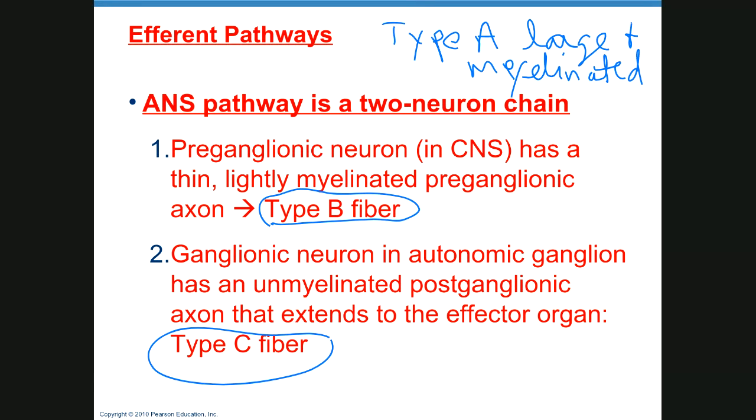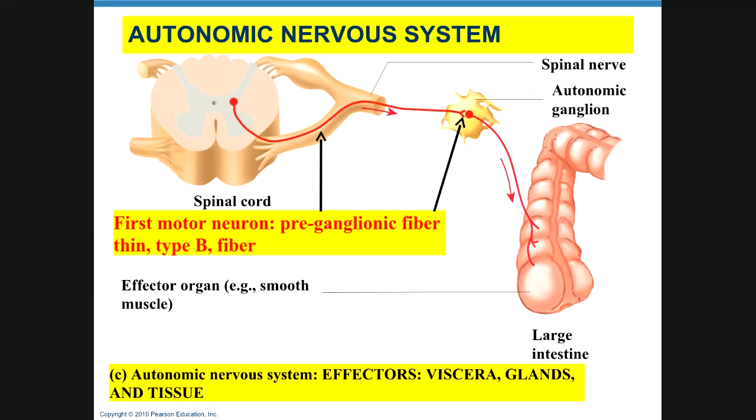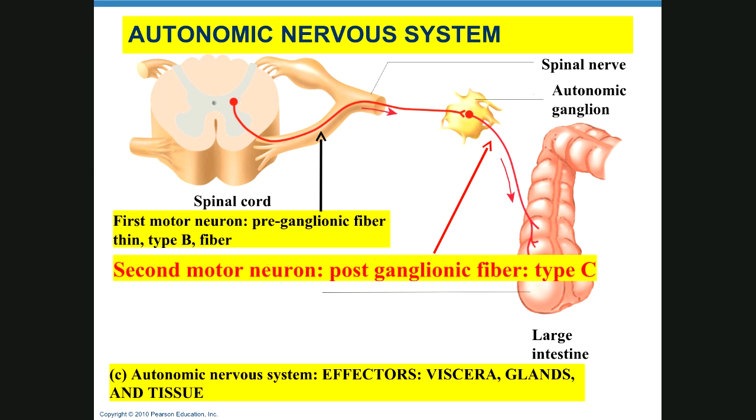This chapter deals with the ANS. The ANS has type B as the preganglionic neuron, and type C as the postganglionic neuron. So if we go back to this picture right here, the preganglionic neuron is a type B fiber, meaning that it is lightly myelinated and is medium size. The postganglionic neuron is type C, which means non-myelinated and very, very small.